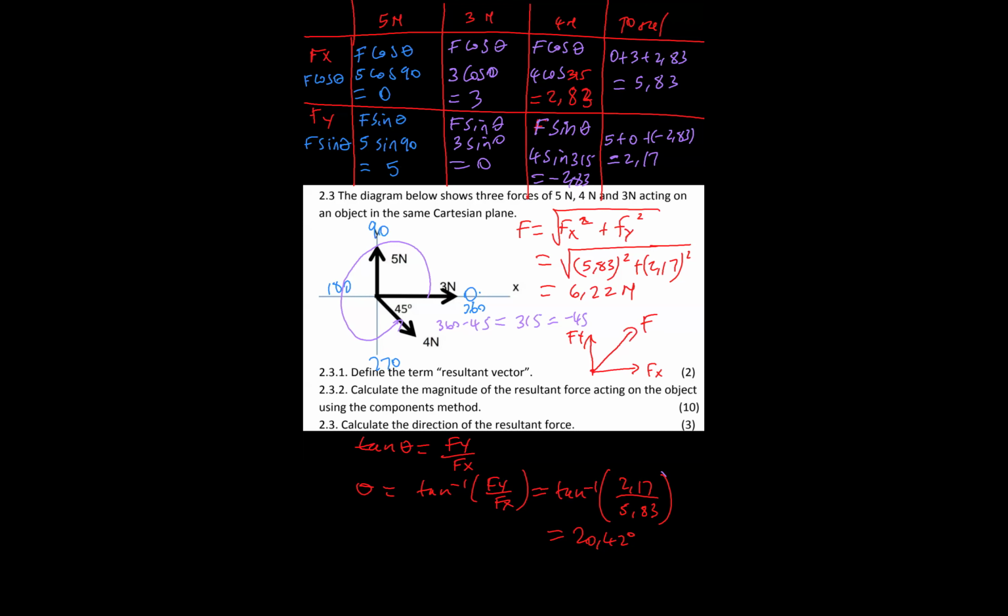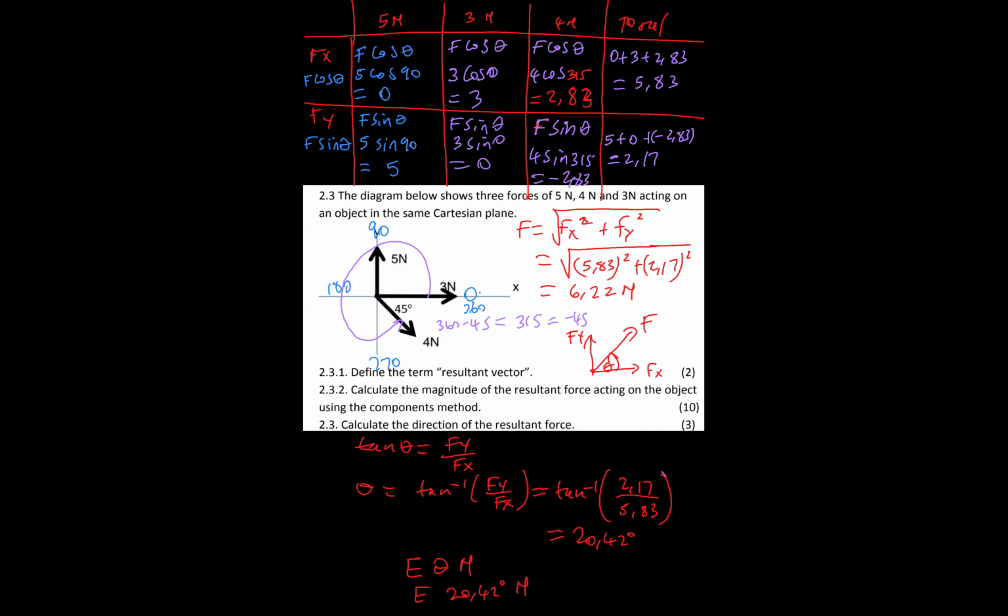This is our F and this is our theta, which we found to be 20,42. So the direction is east 20,42 to the north.